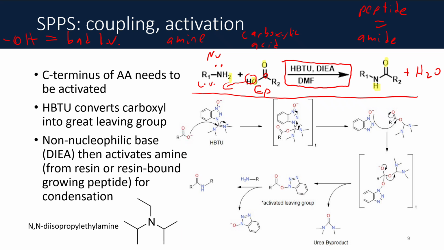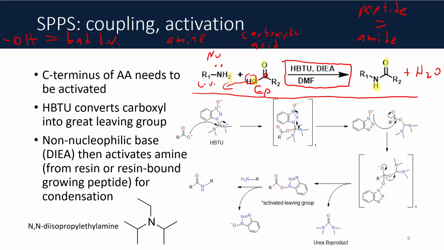In the cell, what biology has learned to do is to activate the carboxylic acid and turn it into a more reactive group. And we do that with transfer RNA. tRNA acylates at that site, and tRNA will become a good leaving group in that case. I always say biology is just applied organic chemistry, right?